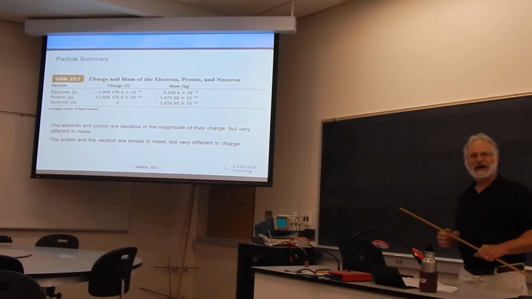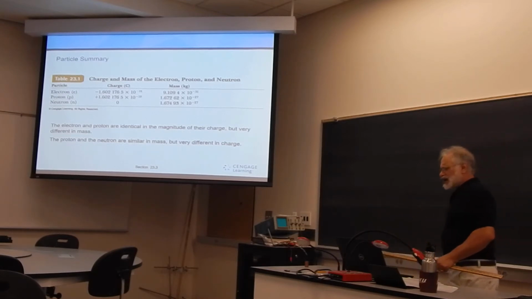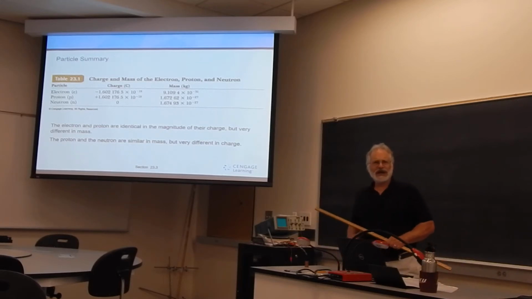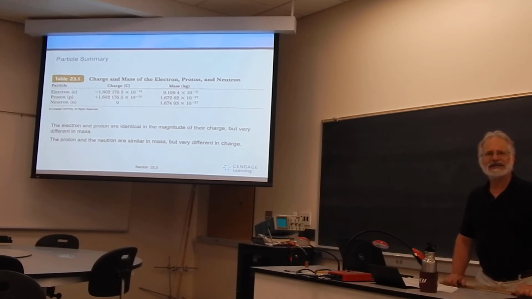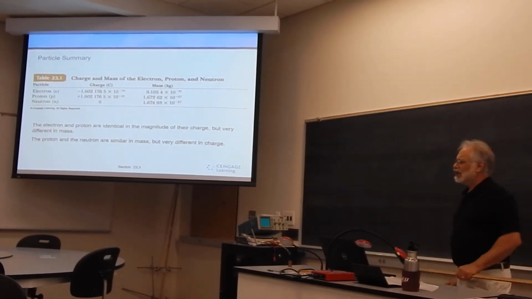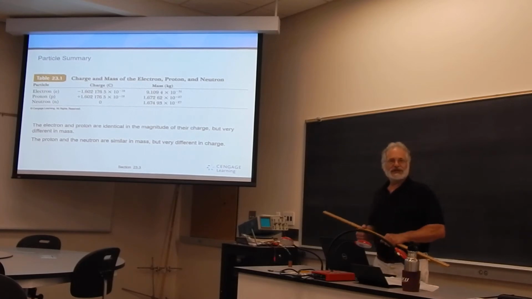Another question you might have thought of: take a uranium nucleus. A uranium nucleus has 92 protons in it in a very small space. Wouldn't you think that those 92 protons would repel one another and the nucleus would fly apart? Well, of course, it doesn't.